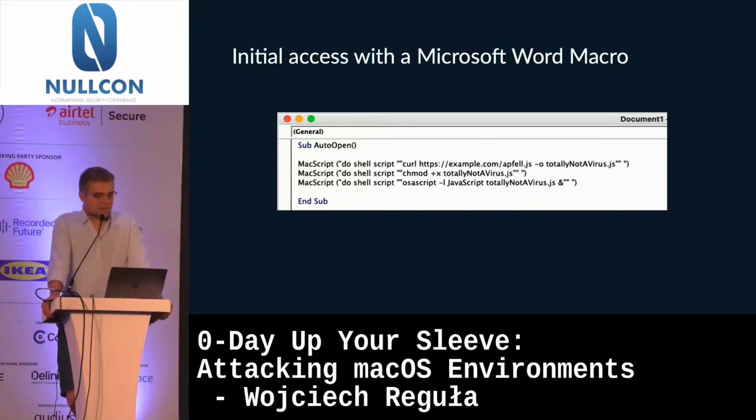And in that subroutine, we can call MacScript that in the end will execute our bash commands. So in that case, I just download our payload created with Mythic, and I run it with osascript.